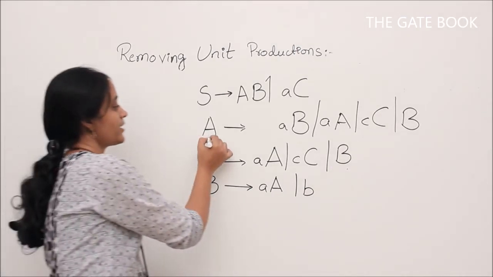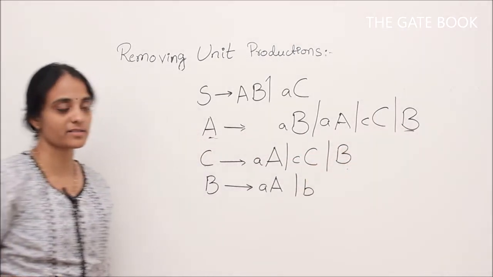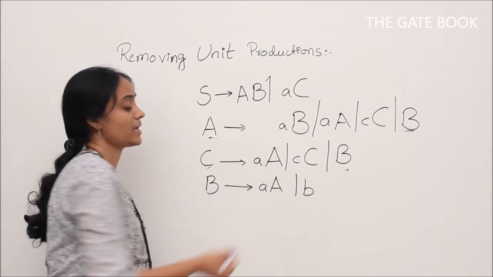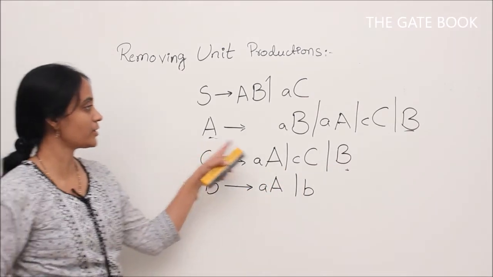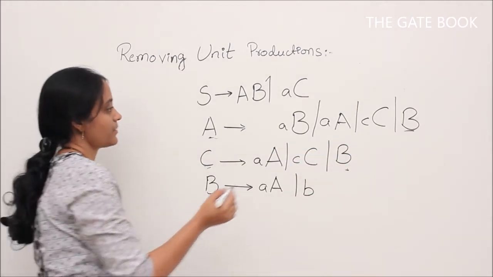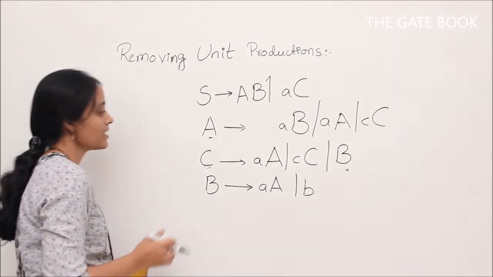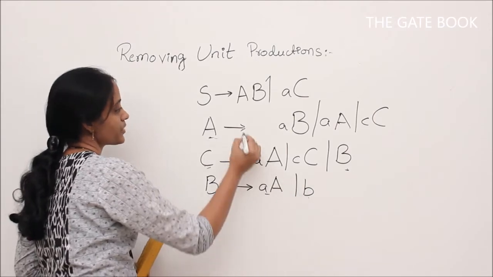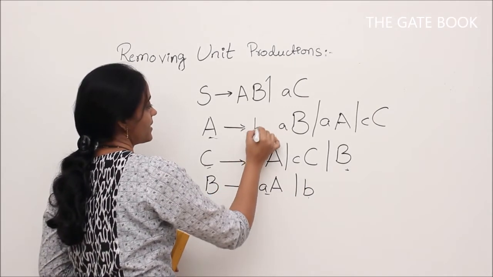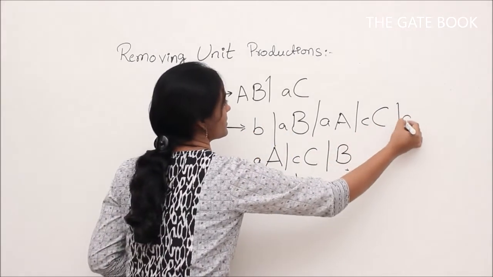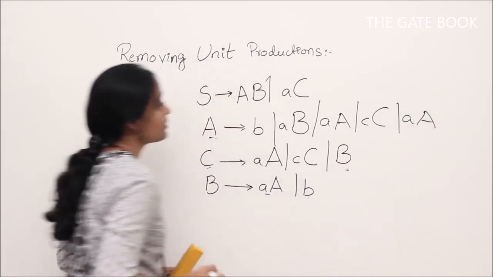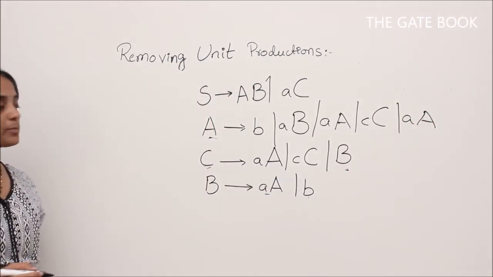Now either we can try to remove this A derives B or C derives B. Suppose let's assume that we want to remove A derives B first. So after removing B we should add these productions directly to A. So I'll add like this. So now it doesn't have any unit production.